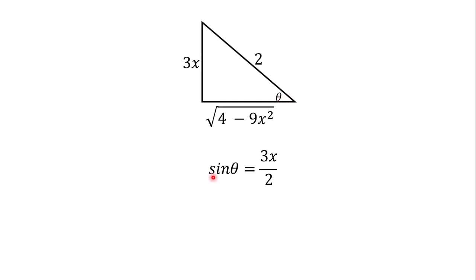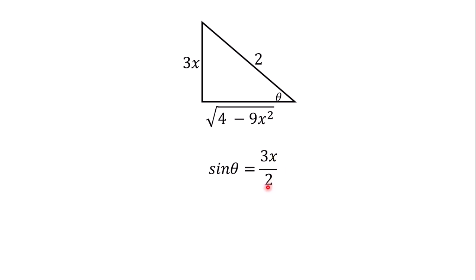Sine theta is equal to the fraction formed by the opposite and the hypotenuse. If this were a fraction without any variable, then you would take sine inverse of it to get the angle, but we are not looking for any angle. We just want something like this to put into our integrals. So sine theta is equal to 3x over 2.